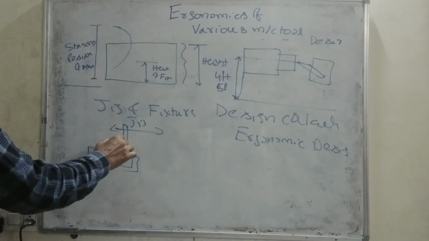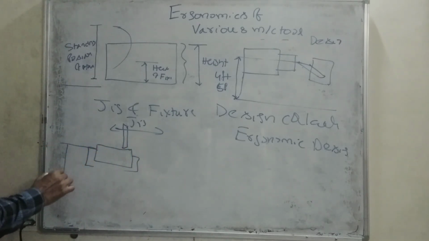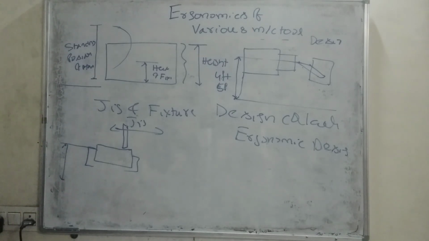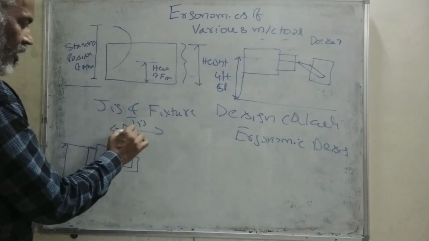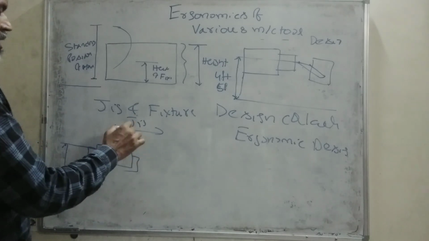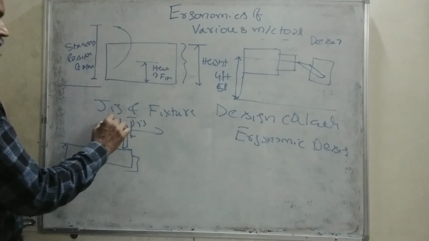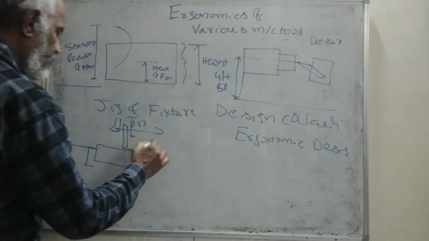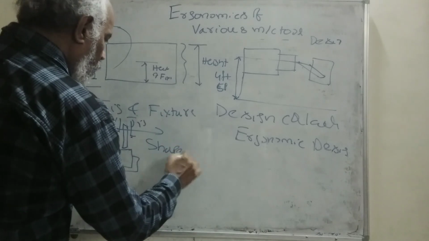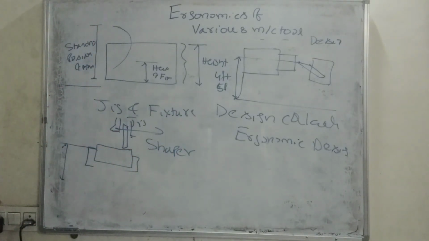So you can decide the height of the fixture as per human ergonomics, and based upon this height, you can decide the height of the tool and then the design of the jig, that means the jig dimensions. This is about the shaper. What the to and fro mechanism of a shaper is, we'll see in a separate video session.